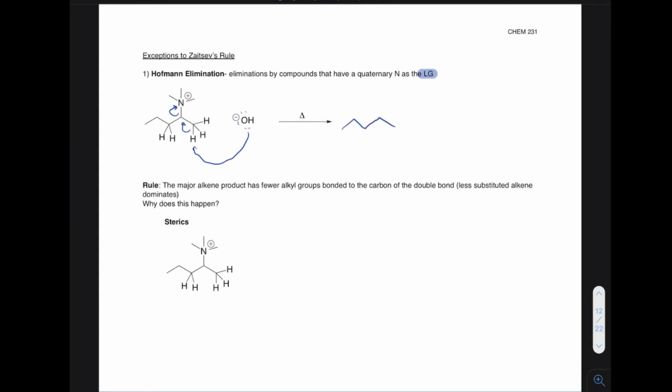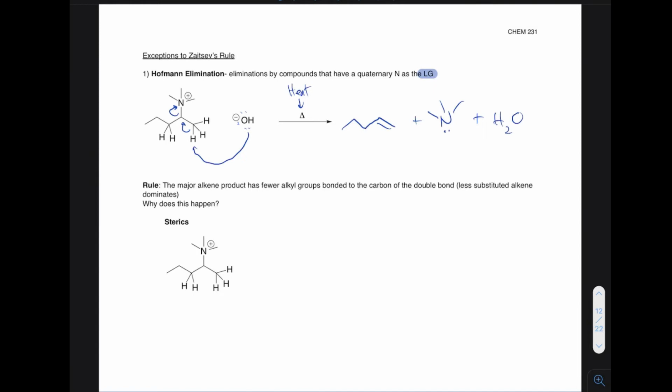And now we have our less substituted alkene, and the leaving group, right, is just the nitrogen now with that lone pair on it. And then, of course, water from our hydroxide ion that got neutralized, and both sides of the reaction are balanced, right, with temperature here just sort of saying that this promotes, right, an elimination reaction.